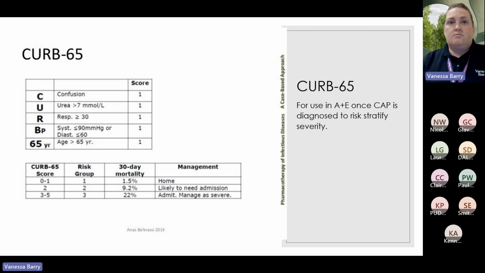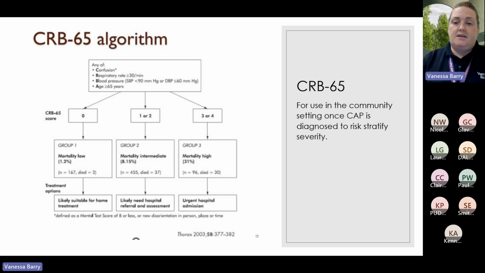Often it'll be somebody who doesn't want to go in, who's been recommended by the teams in the community to go into hospital, but they're just not going in. But often that group, that score of 2, are likely to need an admission, and when we're going to 3 to 5, you're looking at admission and possibly even ITU admission.